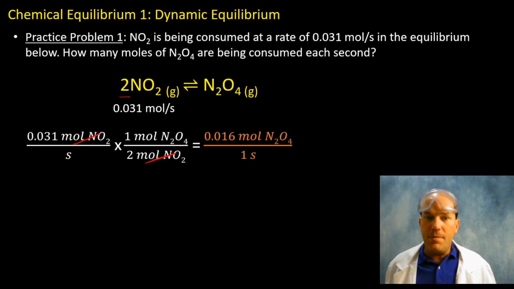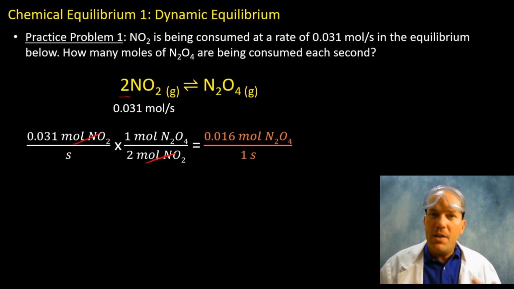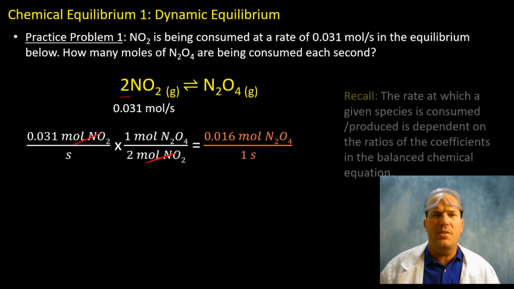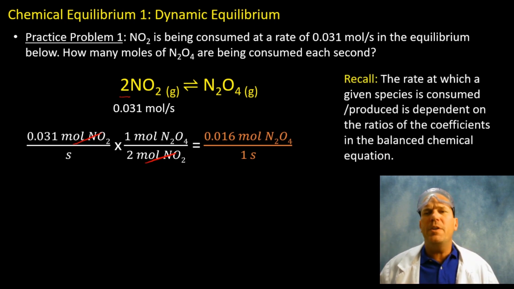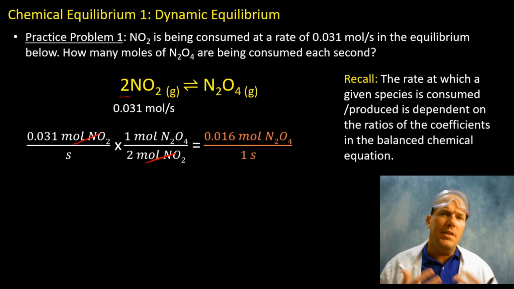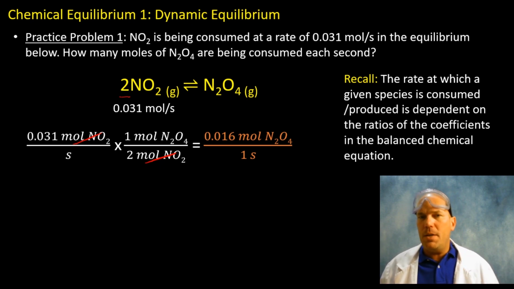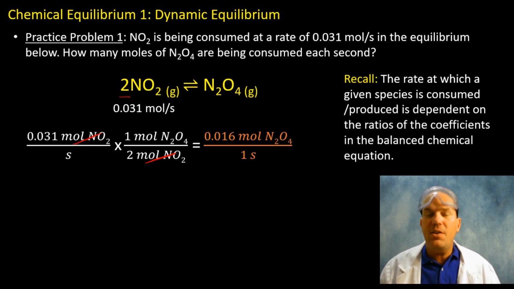It's exactly half the rate. So it's somewhat intuitive, but this idea of reversible reactions and equilibrium is oftentimes confusing to students. So this is just a recall here, that the rate at which a given species is consumed and or produced is dependent on these molar ratios, these coefficients.